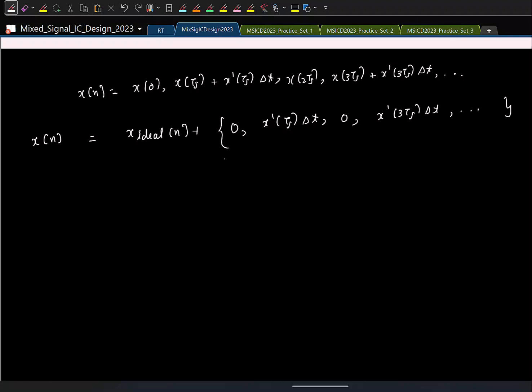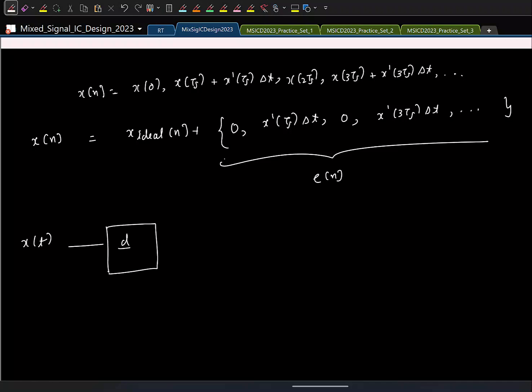So it's not repeating, remember. This is the error sequence. One way you can think of the error sequence is, we need to take the derivative of the signal at the sampling instant. So you can assume that we are taking the signal x of t, I'll take the derivative, and then I'll sample at ts.